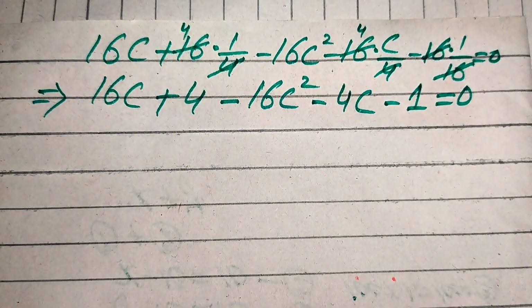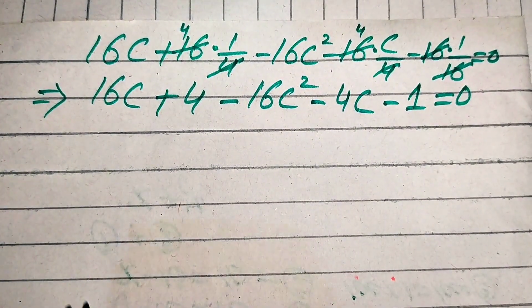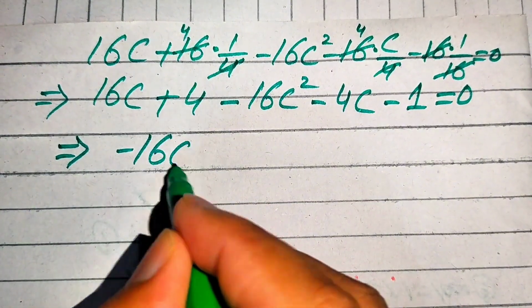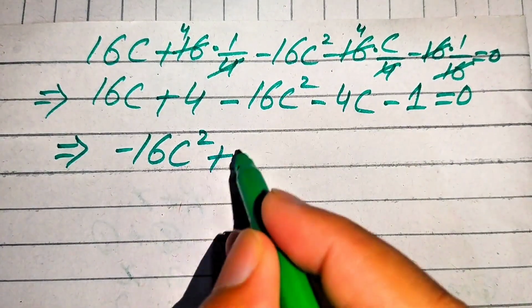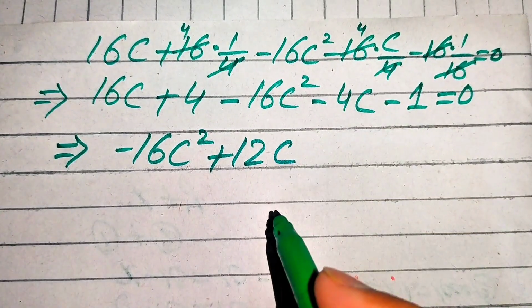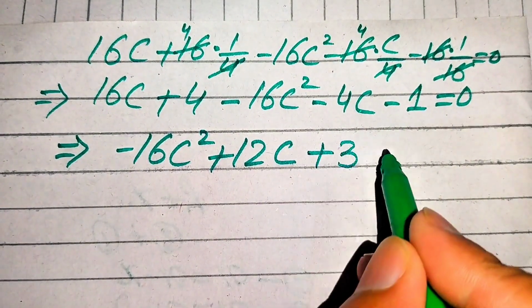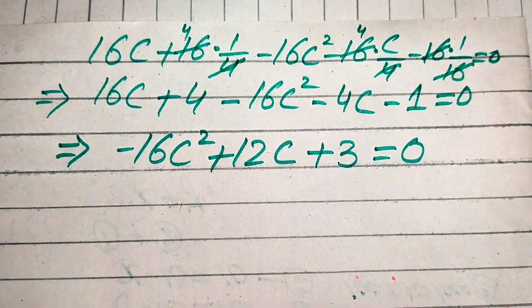And now in the next step we need to add or subtract the like terms. First we write minus 16 times c squared, and now 16c minus 4c equals 12c, and 4 minus 1 is equal to plus 3, and this whole equation equals 0.